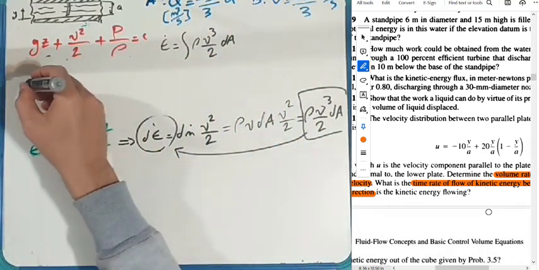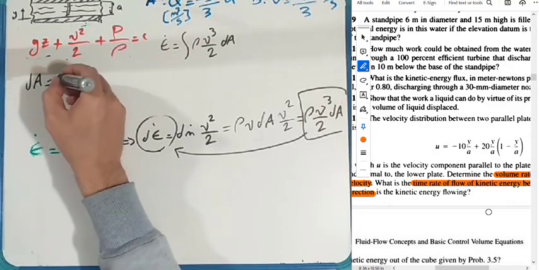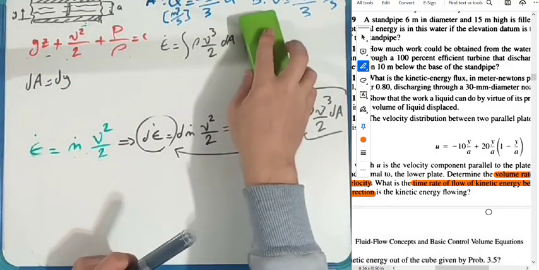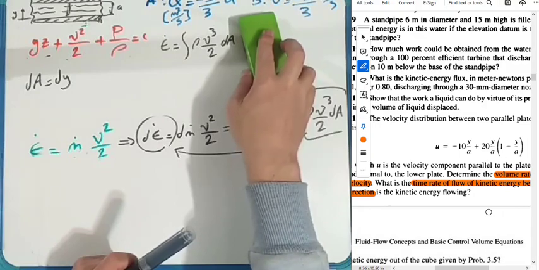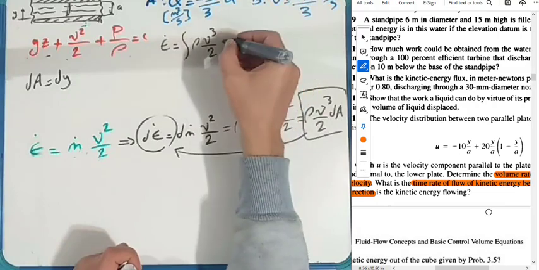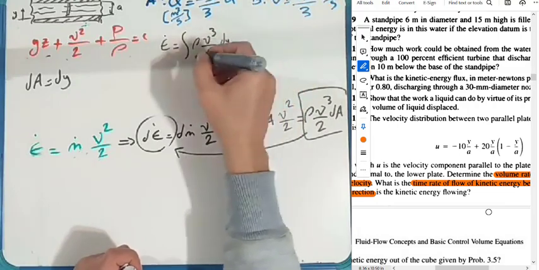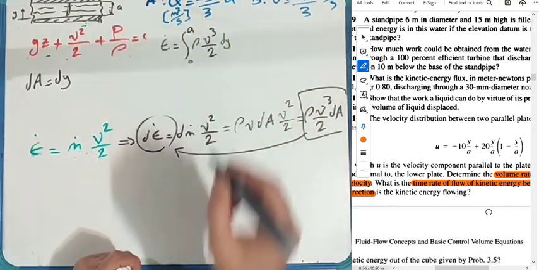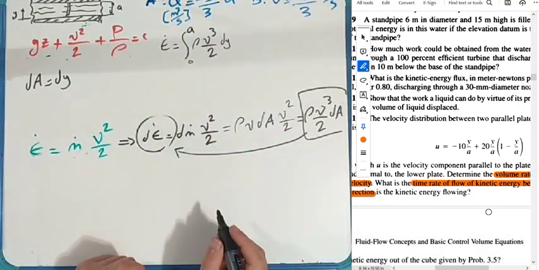As I said before, dA equals dy. I can write it exactly in place of dA, and the value is from 0 to A.